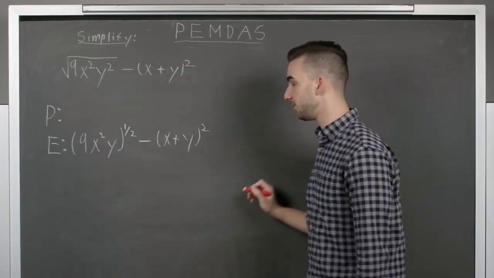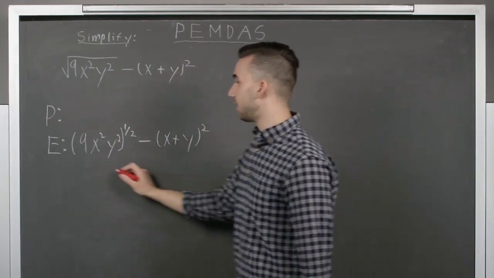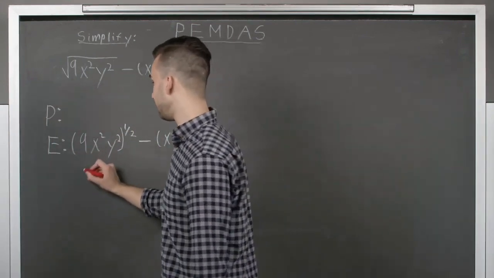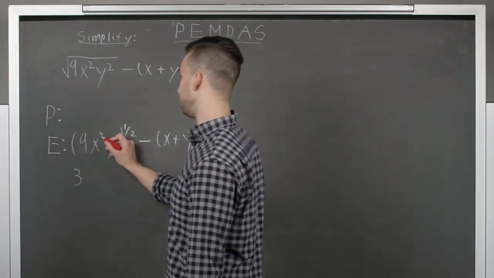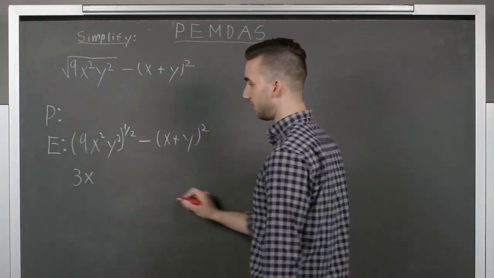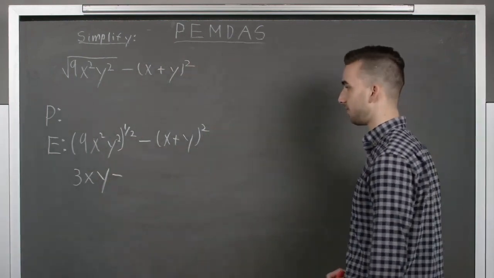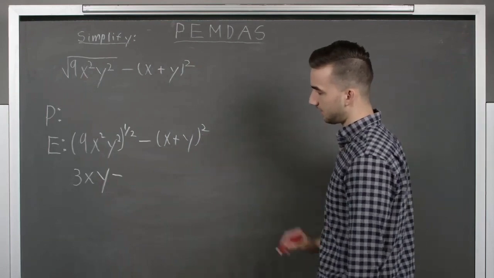So let's keep doing the exponents. Excuse me, this is y squared. We have square root of 9 is 3. Square root of x squared is x. Square root of y squared is y. Minus over here, let's just multiply these out to get rid of the exponent.